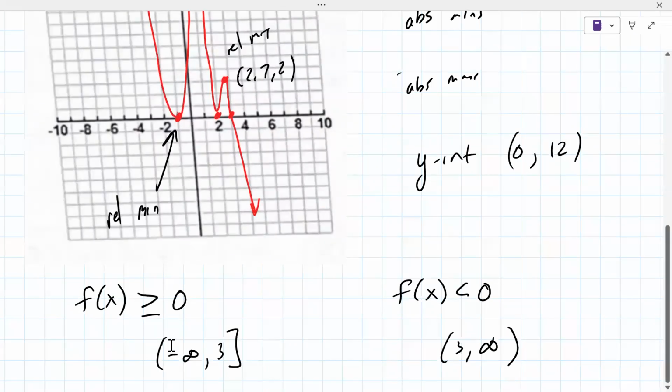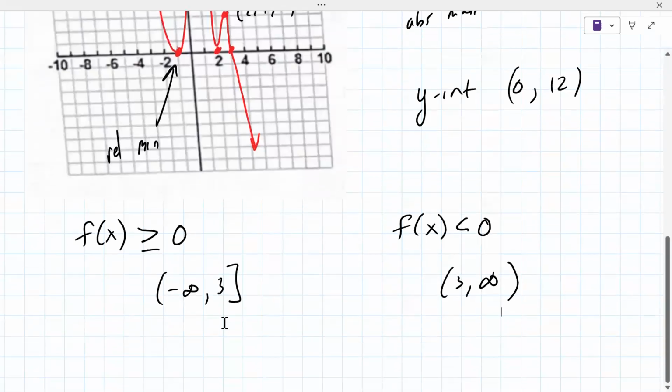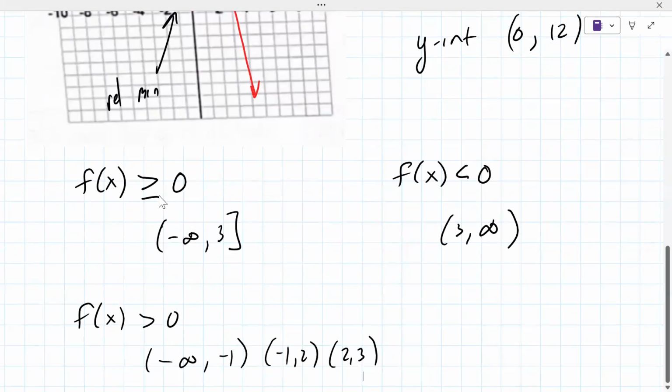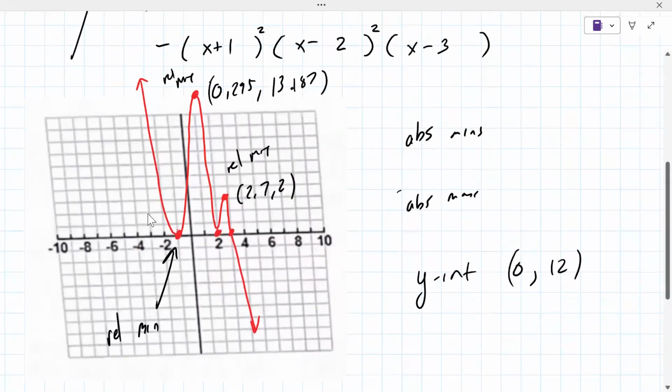So infinities always get parentheses. If I asked you where f of x was just greater than zero, there's a lot more issues. There's -infinity to -1, -1 to 2, and then 2 to 3, right? It depends on whether it's greater than or equal to or just greater than. So really good. The more difficult one is the increasing and decreasing. Can I give that a try, please?